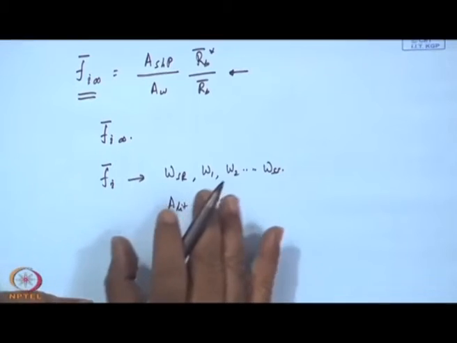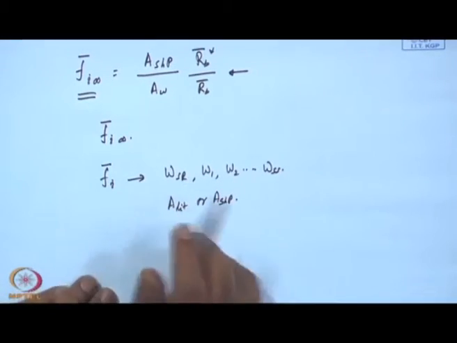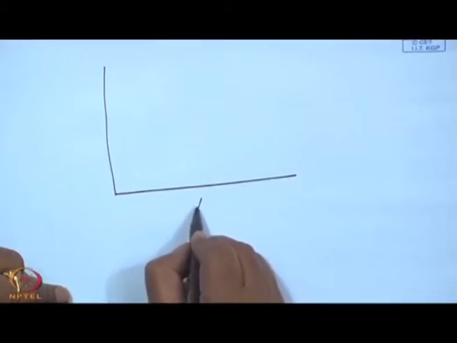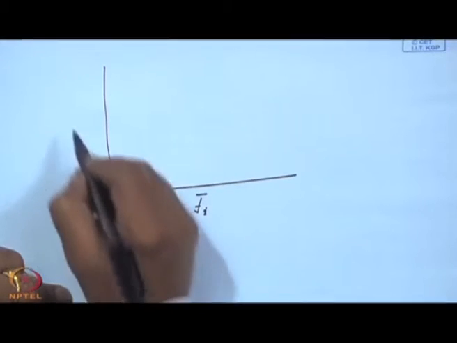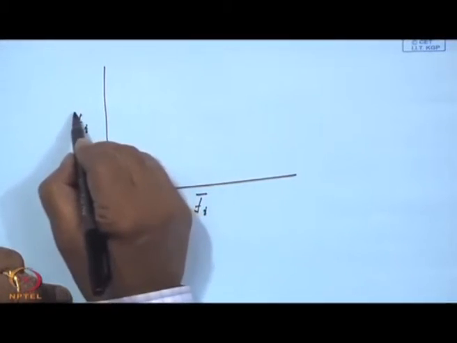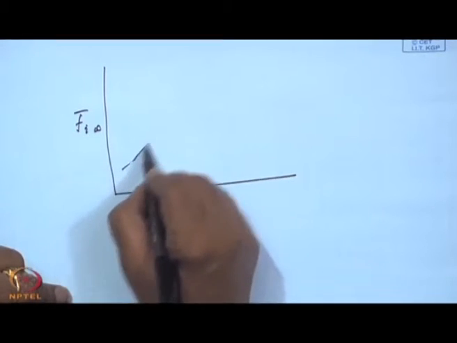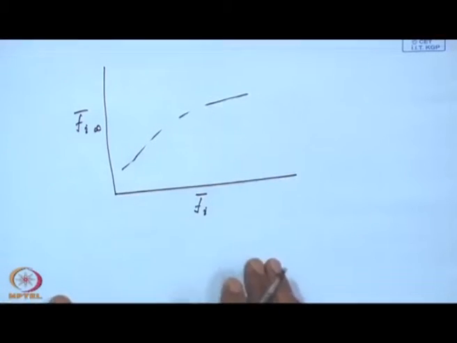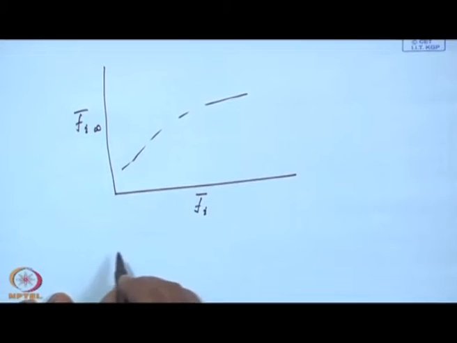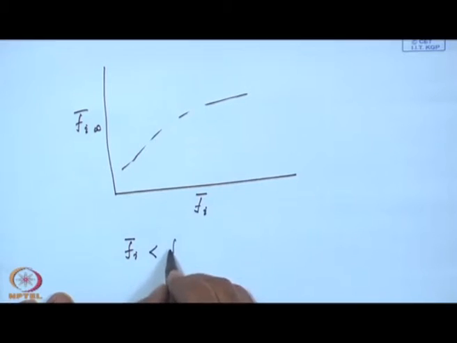So, this is a little tricky business. What people have done, particularly the work at IIT Kharagpur, is to calculate numerically this Fi bar versus Fi bar infinity; some curve will be there. I do not know whether it is increasing or decreasing, but we know that Fi bar should be less than Fi bar infinity.